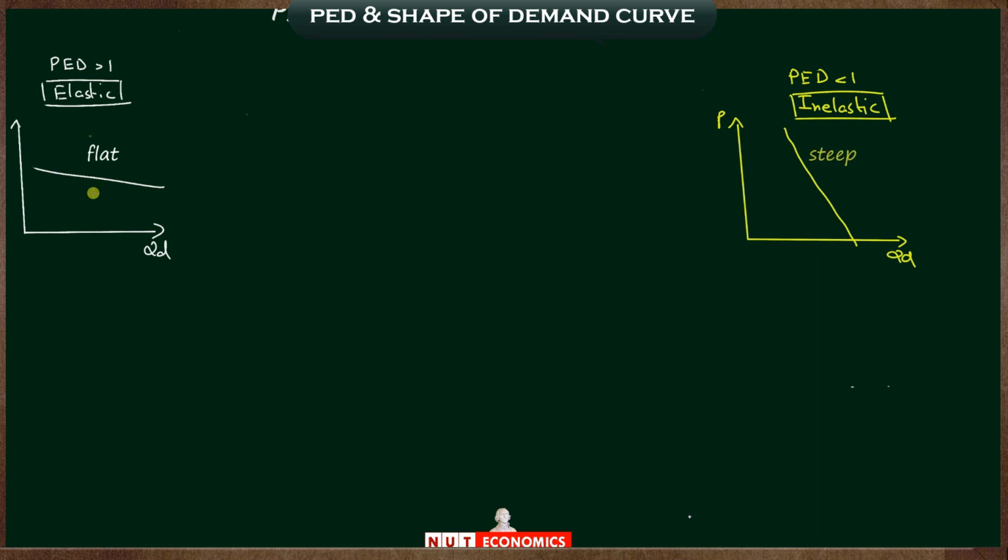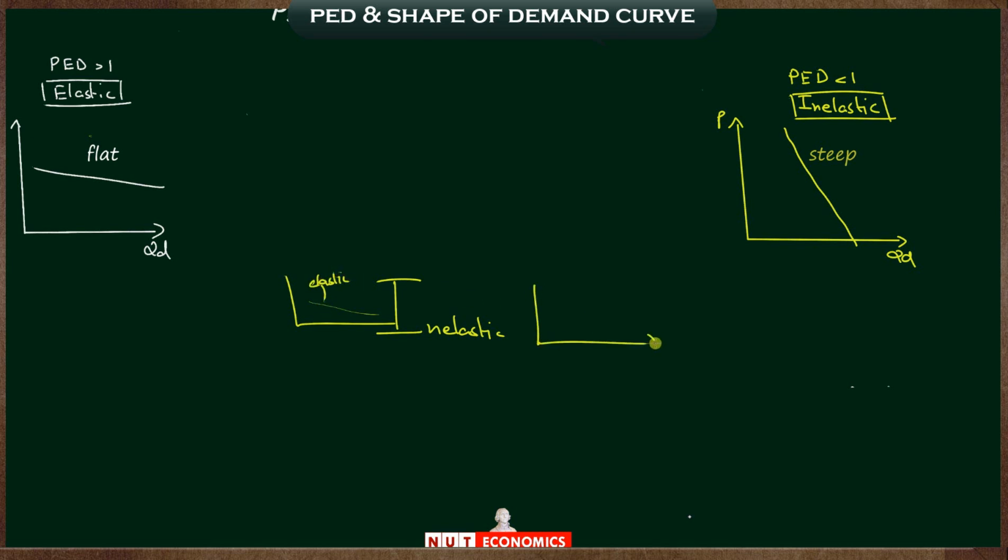Now we will soon see and try to understand why that is the case. But first of all, a small easy way of remembering that flat is elastic and steep is inelastic. And that trick is that the word inelastic starts with an I. Now if a demand curve is very flat, then it doesn't look like an I. So it's not inelastic, it is, if anything, elastic.